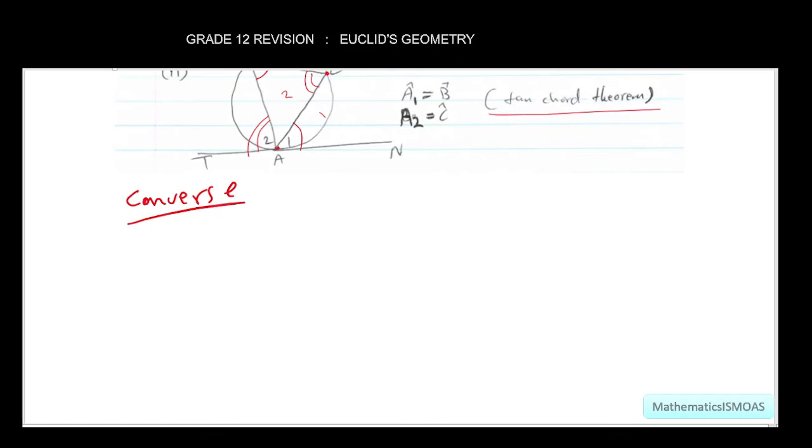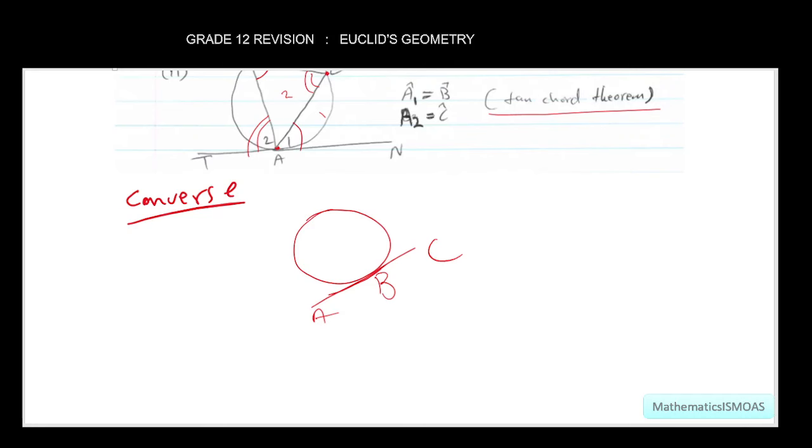And then the converse. Let's say we are just having a circle and a line. This line, let's say, is line ABC. We are not told that ABC is a tangent.